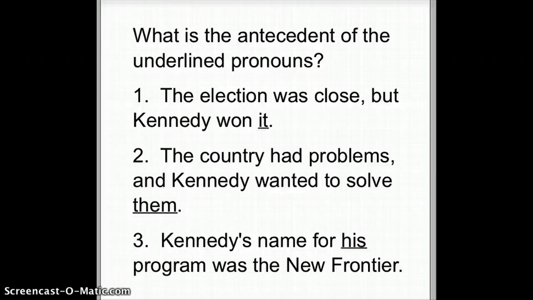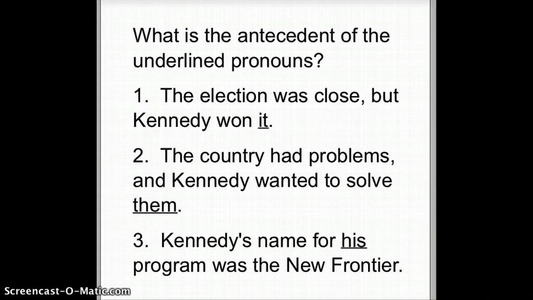So here's some practice. Why don't you number your practice sheet, and we will do several pages of practice. What is the antecedent of the underlined pronoun? Number 1, the election was close, but Kennedy won it. So what is the antecedent for the pronoun it? Number 2, the country had problems and Kennedy wanted to solve them.